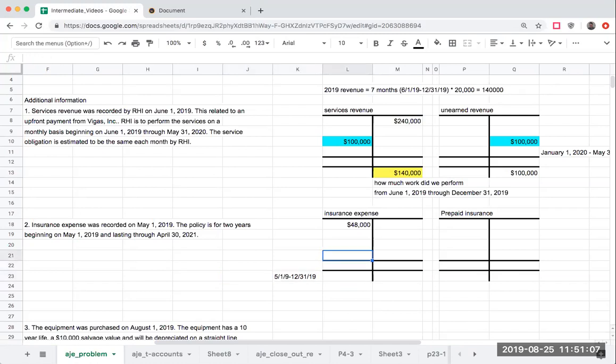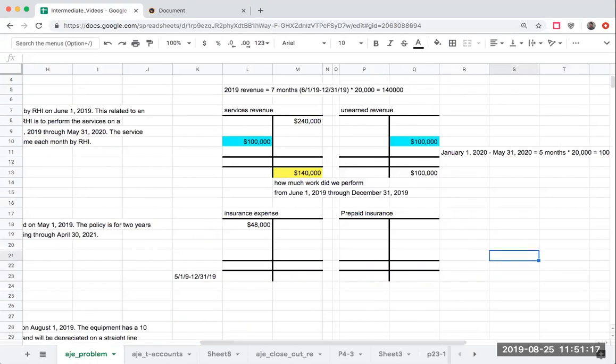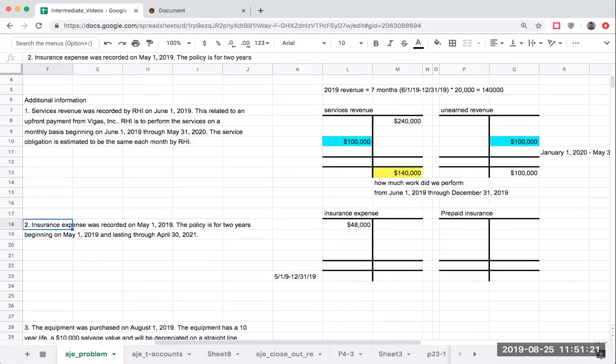The thing is, though, this $48,000 is giving us 2 years of benefit. So there's no way that this number here could be $48,000. So what I need to figure out is how much insurance expense I should have recognized for the 12 months ended December 31st, 2019.